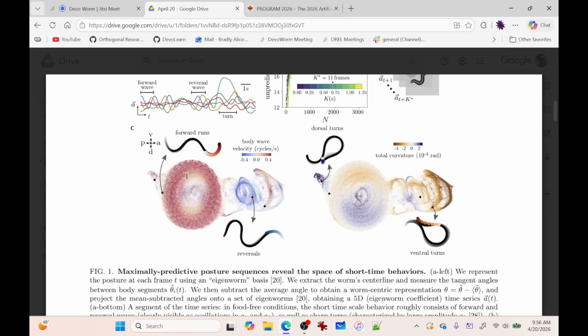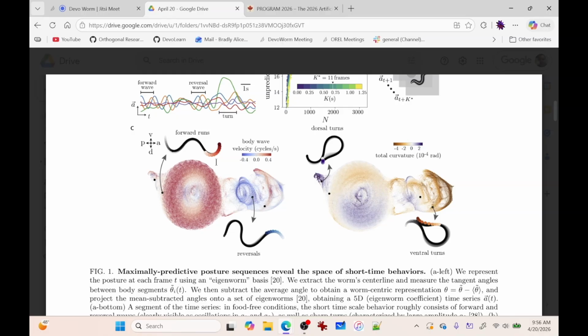This is where you have this analysis of the postures in space and in time, and then you have these maps. I'm not sure exactly what they are, but they basically measure points on the body and their movement. So you see the body wave velocity. A lot of the worm movements are oscillatory, so you're getting these cycles per second.